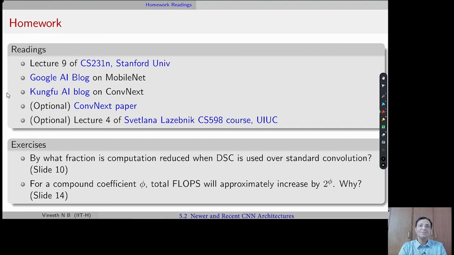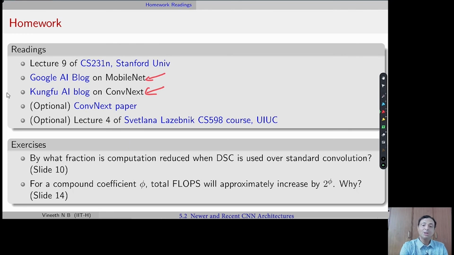To conclude, the readings recommended for this lecture are lecture 9 of the CS231N course, a very nice Google AI blog that explains the MobileNet architecture, a Towards AI blog that details the differences in the ConvNeXt architecture over a traditional ResNet or similar architectures.